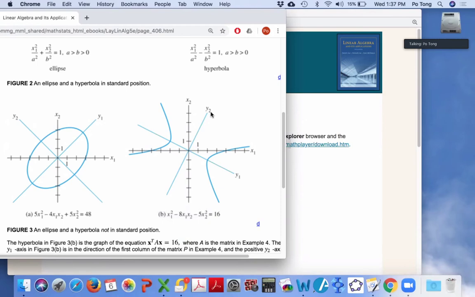If you tilt your head so that you look along the y1 and y2 axes, then this looks like the standard hyperbola. Everything, the shape and everything, is preserved because it's an isometry, a rotation in this case, because the matrix P is an orthogonal matrix. So when we play around with this change of coordinates, we are not changing the lengths and the angles.